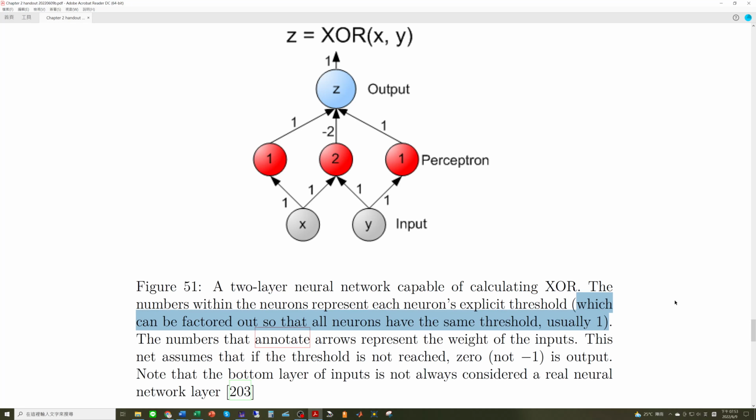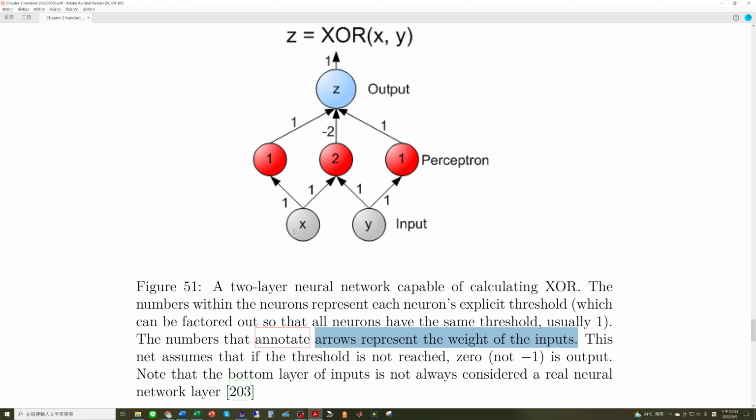So next, the numbers that annotate. I will introduce the meaning of annotate later if we have enough time. Arrows represent the weight of the inputs.